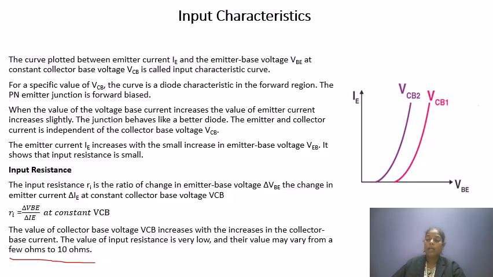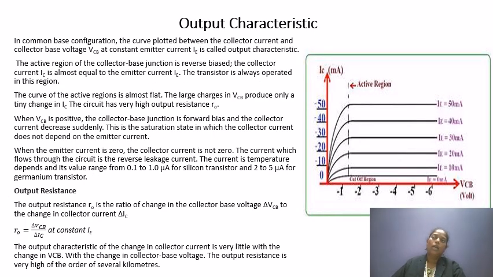Next, the output characteristics. It acts as the reverse bias. The output is taken between the base and the collector. The curve is plotted between the collector current and the collector base voltage.